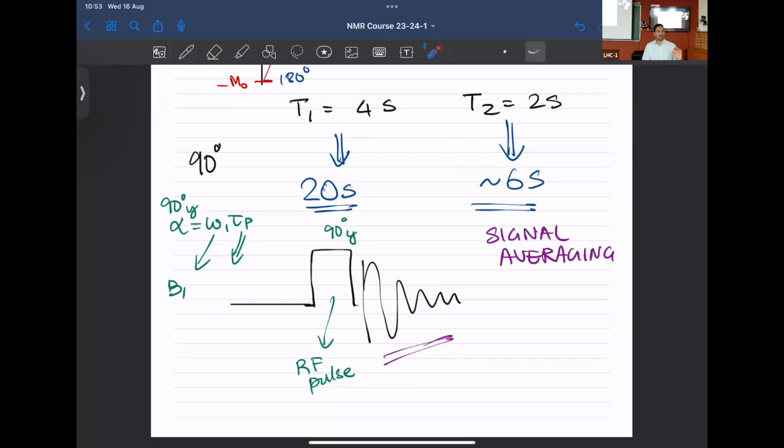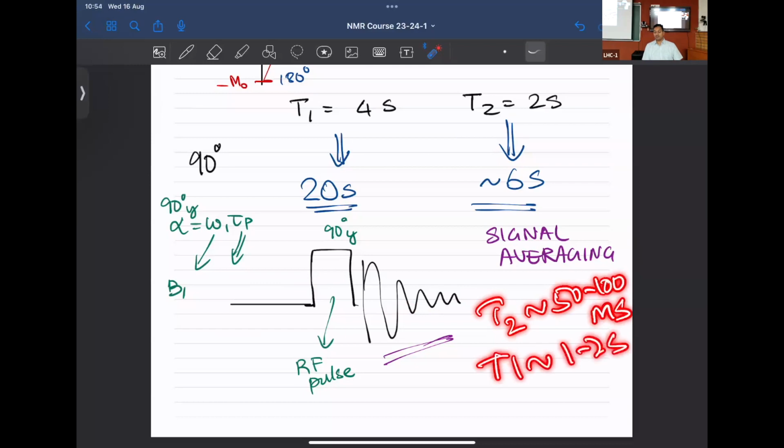But the long and short, you see the signal dies faster. You have to wait a significant amount of time, then repeat the experiment. Make sense? So for biomolecules like proteins and nucleic acids, the T2 times are on the order of 50 to 100 milliseconds, while T1 is on the order of 1 to 2 seconds.